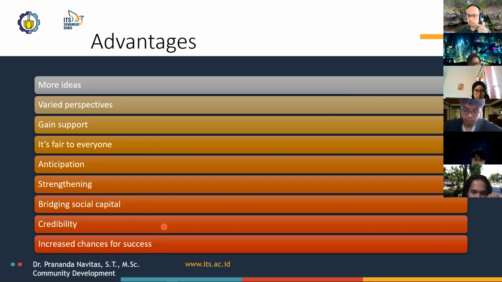Right, bridging makes it possible for a community without barriers of class or economics, in a stakeholder meeting where people from all walks of life can know and value one another.